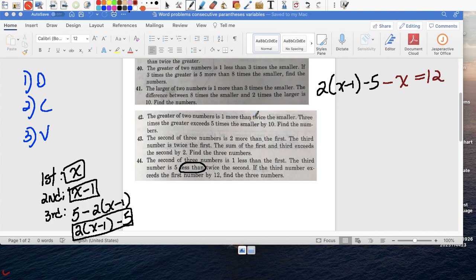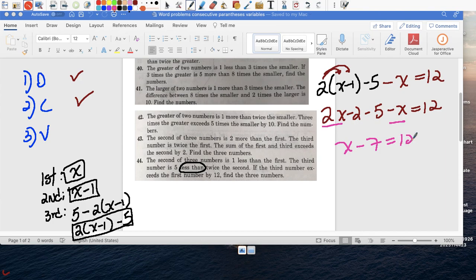And that's your equation. Let's take care of it right now, right here. 2x minus 2 minus 5 minus x equals 12. Can I combine like terms? Yes, I can. Combine this guy with this guy, I get x. Negative 2 and negative 5 is negative 7, which is equal to 12.